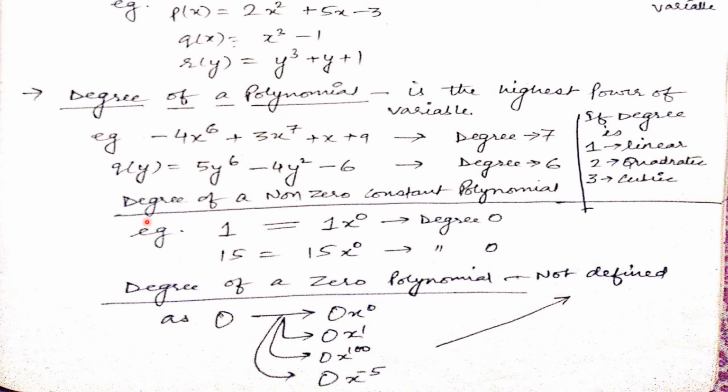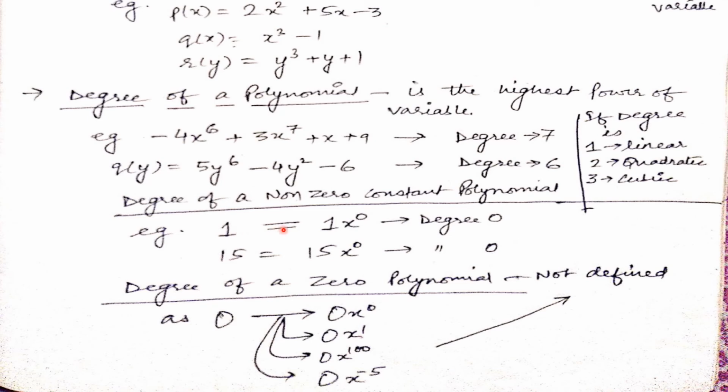Now, a point is given: degree of a non-zero constant polynomial. So we will discuss degree of a non-zero constant polynomial like 1, 2, 3, 4. Suppose you have a number 1. If someone asks what is its degree, you can say here there is no variable. You are right.